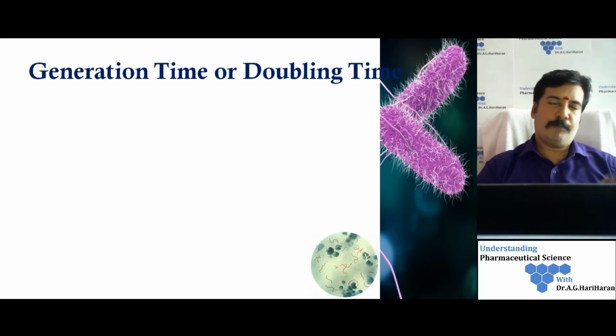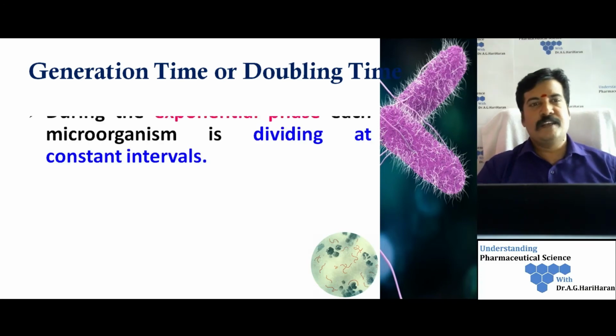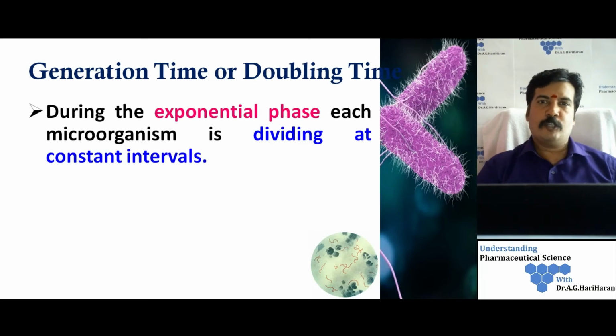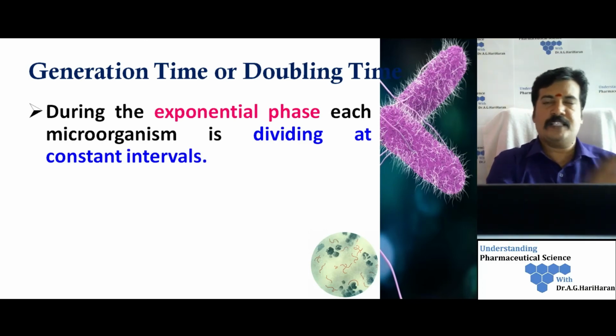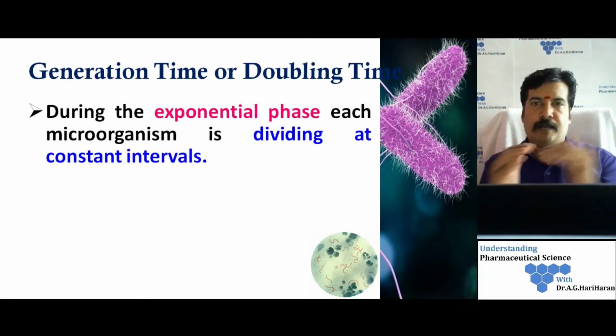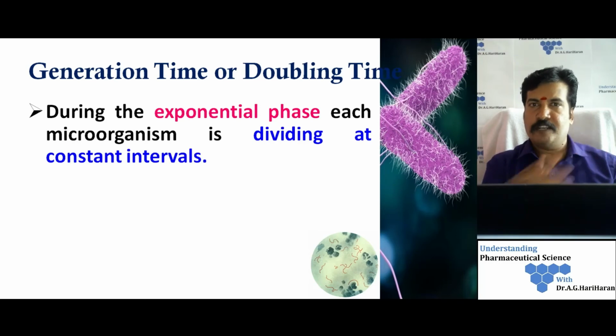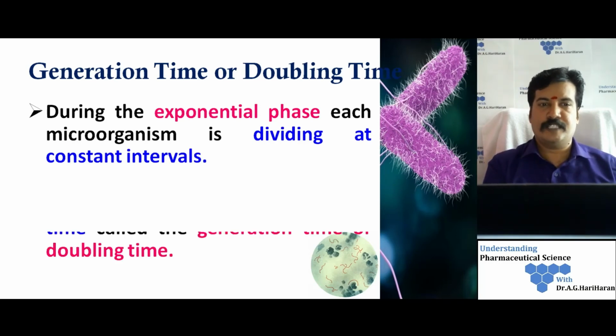One important thing is the generation time or doubling time. That means in every particular time interval, the cell can double. This we can see in the exponential phase. In the log phase, in every particular interval of time, the cell population will double because of the continuous cell division which is happening in the exponential phase.